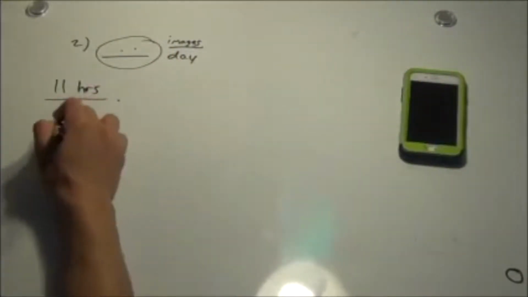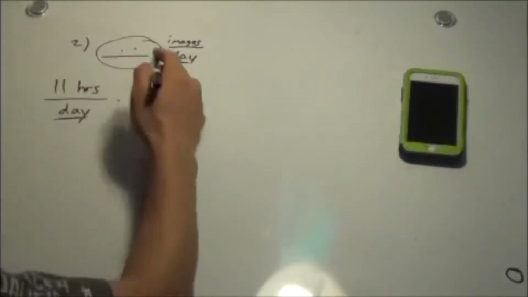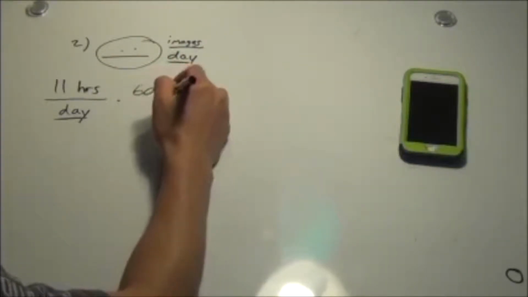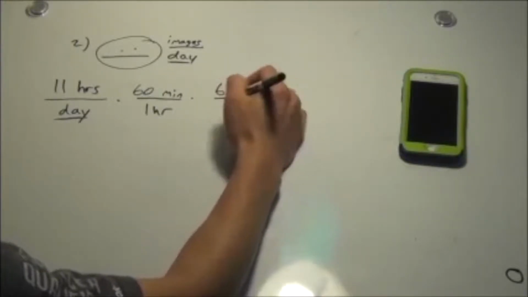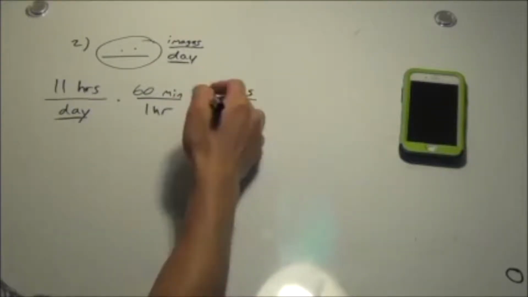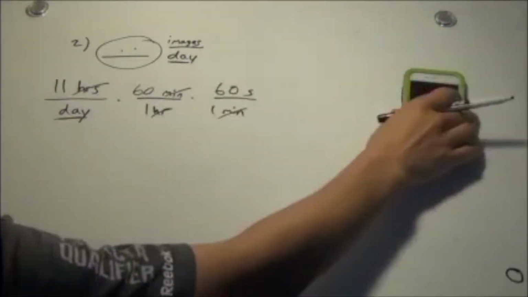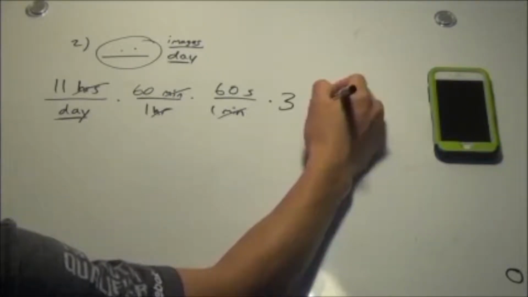We already have the day in the denominator, so we're good there. We just have to get images up in the numerator. So 11 hours, and we said get into seconds, so 60 minutes in an hour, 60 seconds in a minute. That cancels, and we get seconds per day now. And we know that you can do 3 megabits per second.